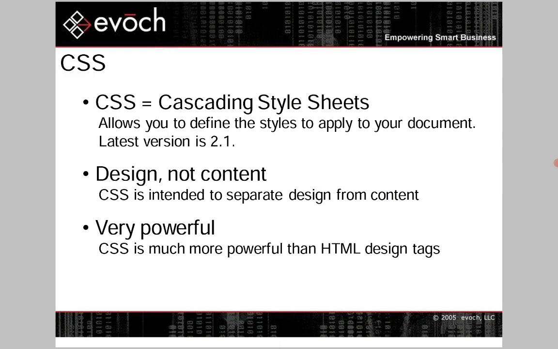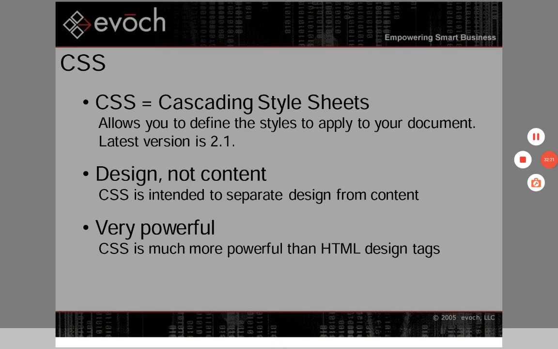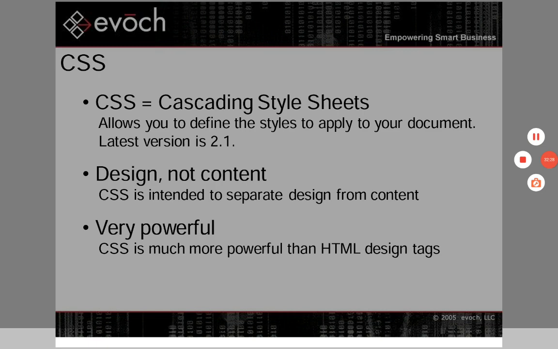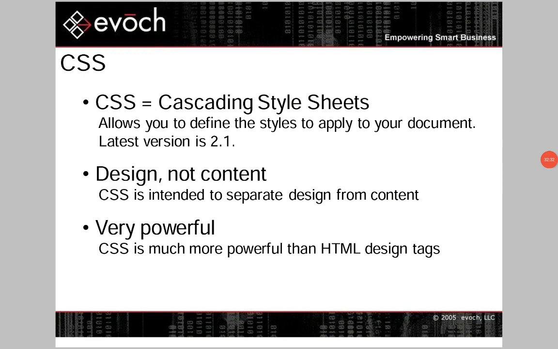DHTML generally contains 5 to 6 technologies. One of the technologies is CSS, or style sheets, or cascading style sheets.